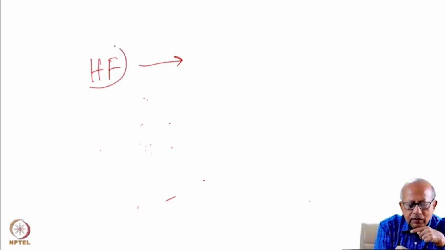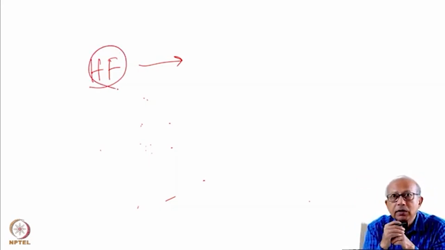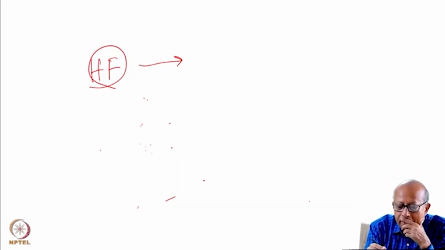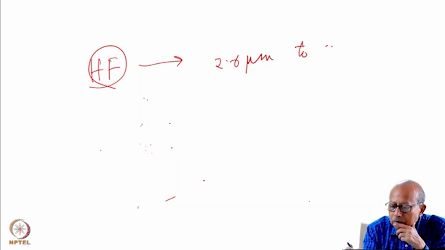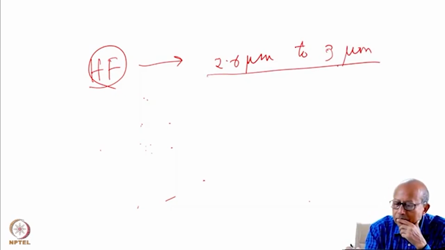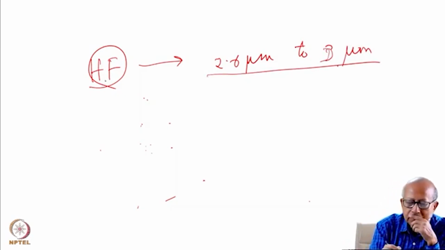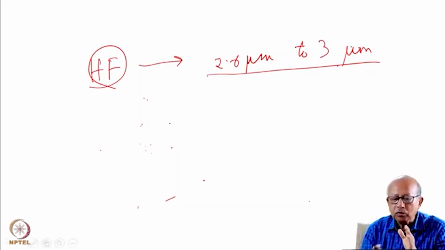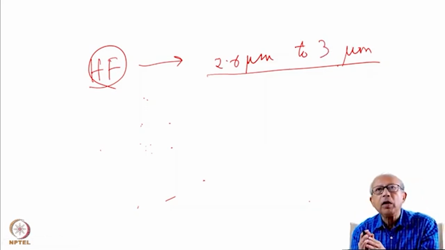Therefore, this laser, like the carbon dioxide laser, can also emit at a number of wavelengths, and they actually span over 2.6 micrometer to 3 micron wavelength. So the light that would be emitted by the HF laser usually lies in this range of the electromagnetic spectrum, 2.6 micron to 3 micron wavelength.